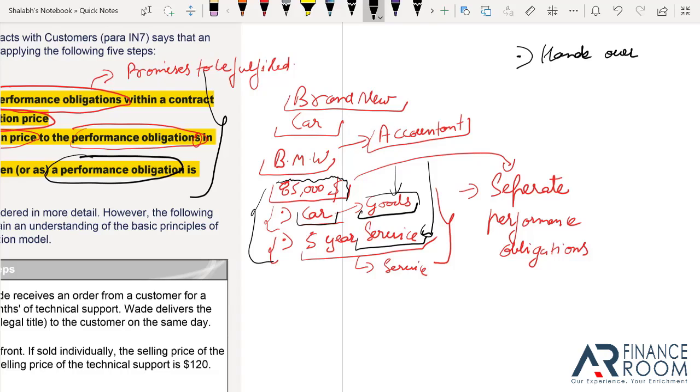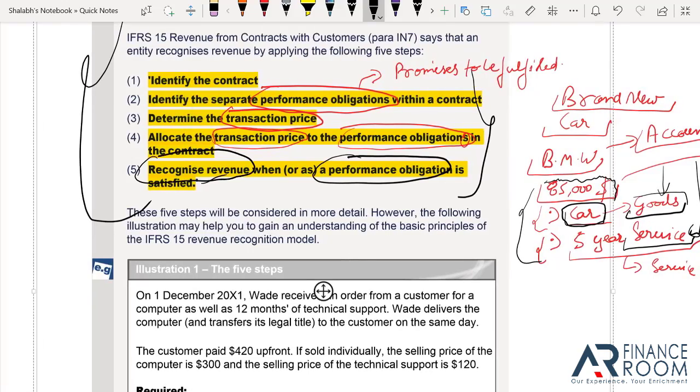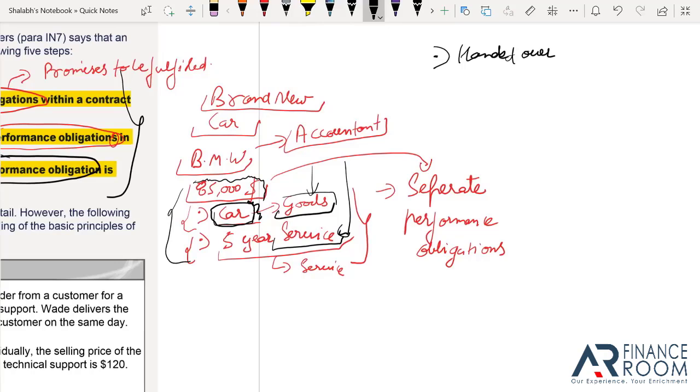This promise was satisfied, so now you can recognize the revenue pertaining to this performance obligation of the car in your books of accounts. Once the car is delivered, once the keys are handed over, the performance obligation of delivering a car is completed, so you can recognize the revenue pertaining to this particular performance obligation.